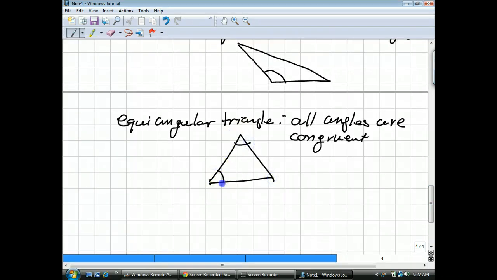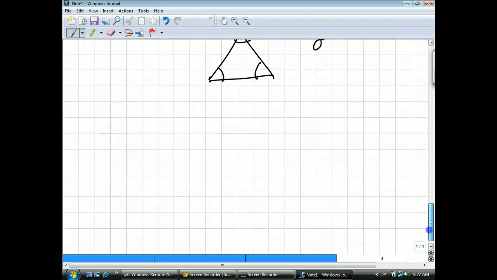So this angle is congruent to this angle is congruent to that angle. Okay? All right, then we have our first theorem. Okay? And this is one that you guys all know already.